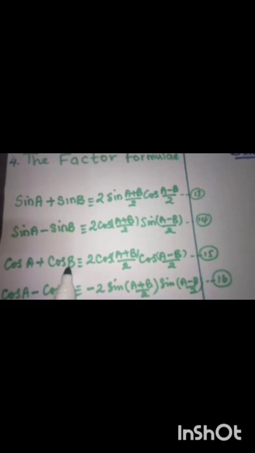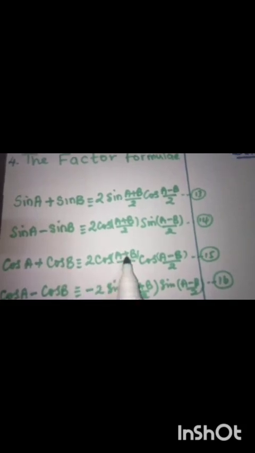Cos A plus cos B is 2 cos of A plus B over 2, cos of A minus B over 2. Then cos A minus cos B is negative 2 sine of A plus B over 2, sine of A minus B over 2. That leads us to the 16th identity.